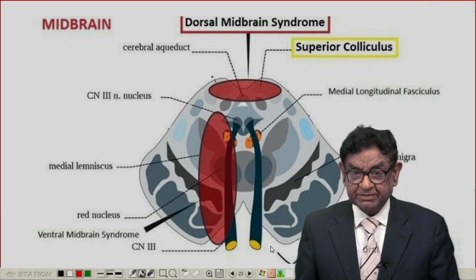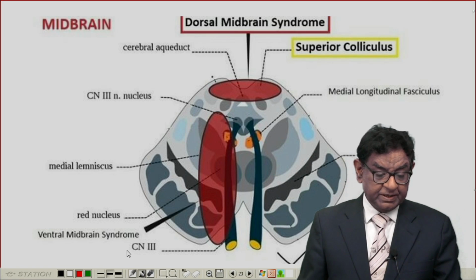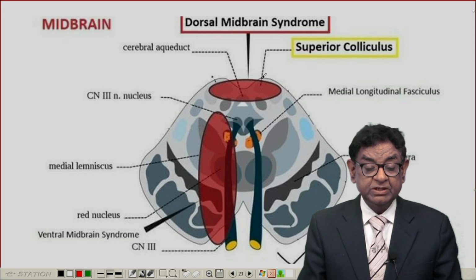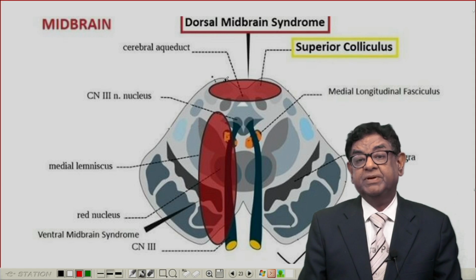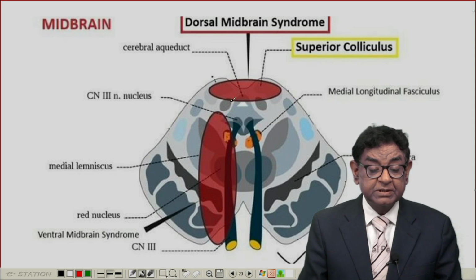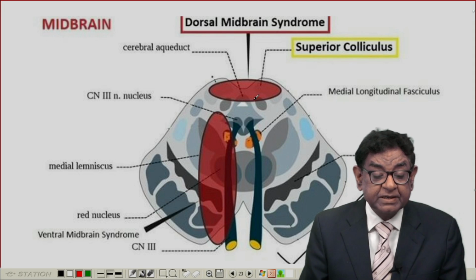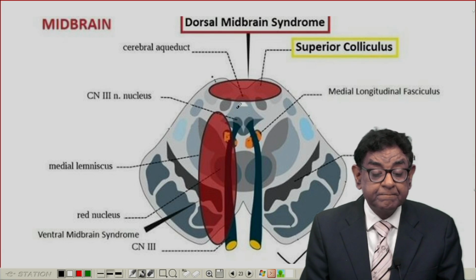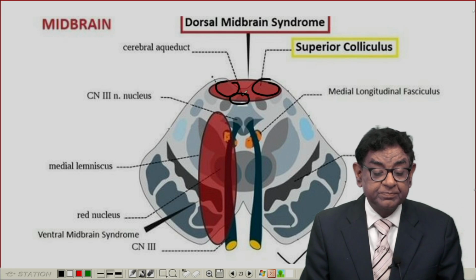Now let's talk a little bit more about the midbrain. Again, a little bit more anatomy. This is the dorsal part of the midbrain. We have the superior colliculus, and this is the cerebral aqueduct. This is the superior colliculus.